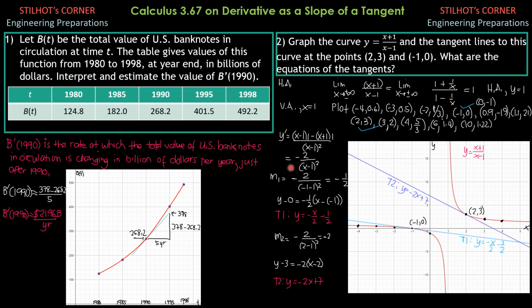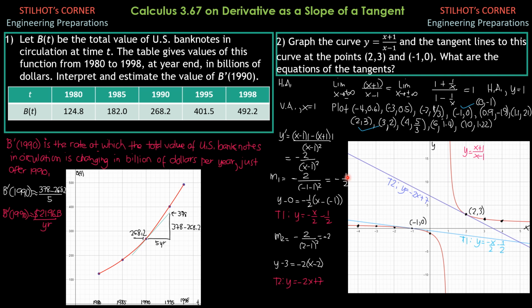So y prime is equal to, so we cancel x, so -1 minus 1 is -2 over (x minus 1) squared. The slope of the tangent when x is -1, so substitute -1 here, -2 over (-1 minus 1) squared, that's -2 over 4 or -1/2.